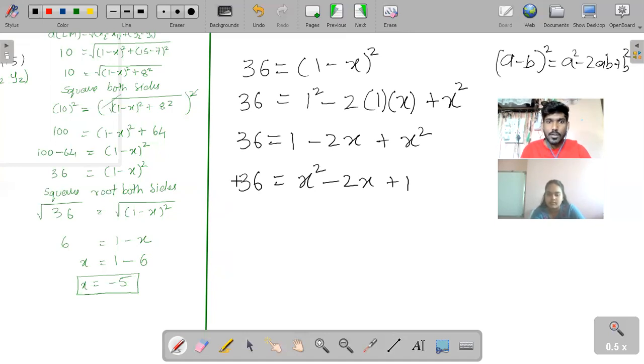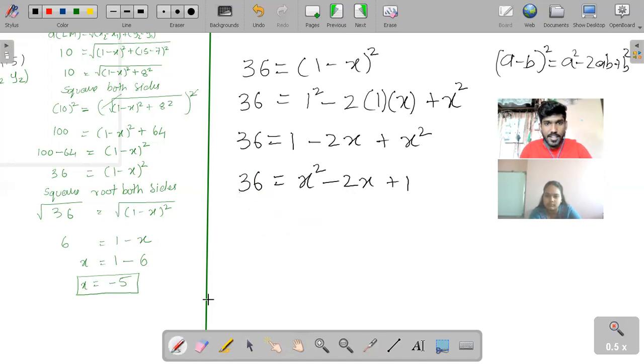Fine? Yes. Now this plus 36, which is on your left hand side, you take it on your right hand side. So when you take plus 36 on the right hand side, it will become minus 36. And here what will remain here? 1? No, no. Nothing is there. So nothing means 0.